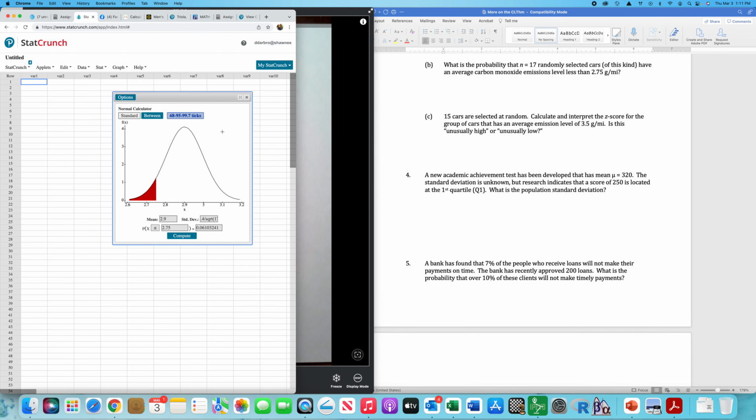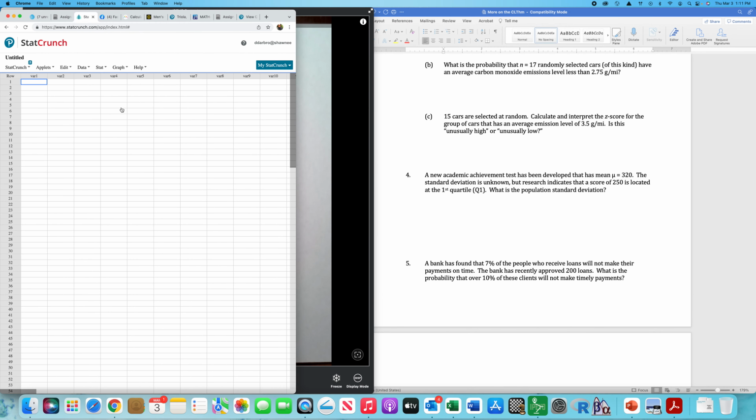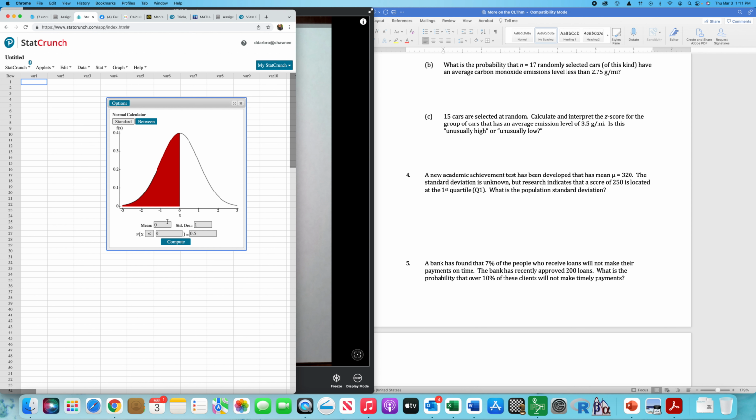I know that a z-score has mean 0, standard deviation 1. That's the mean and standard deviation for z-scores. I know the z-score that represents the first quartile. First quartile has 25% of the distribution below it. Is negative 0.674.